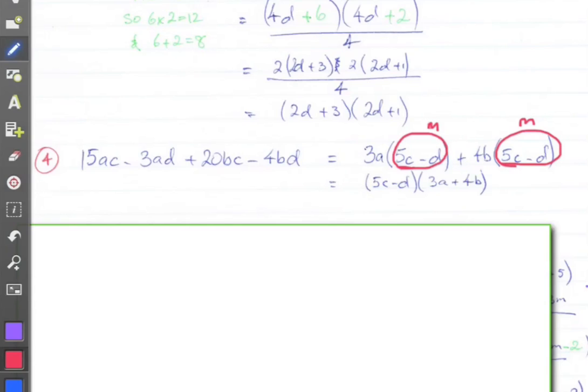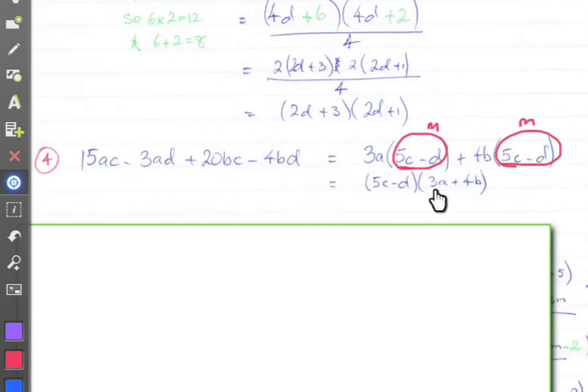And if I've got 3a and m and a 4b and m, then the m comes out. Now the m is not just plain old m, it's one of these things, but it's in brackets, so just pull it out. Now once we pull out the m and the m, what are we left with? Well, we're left with a 3a and a plus and a 4b, and that's where this bracket comes from.